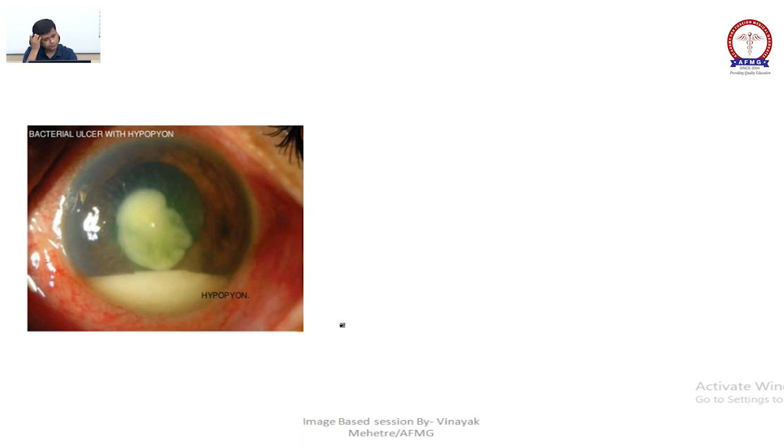Now this is the image of a bacterial ulcer.